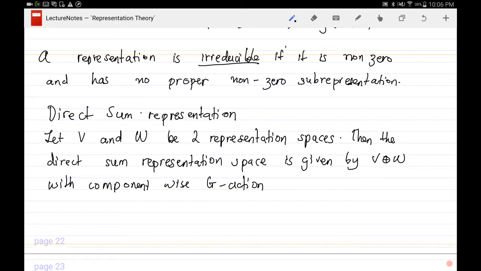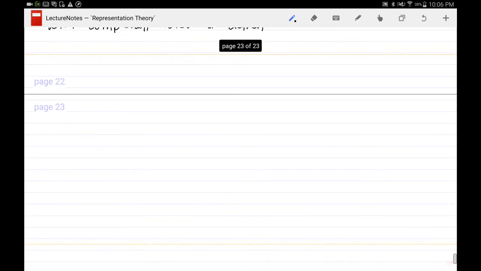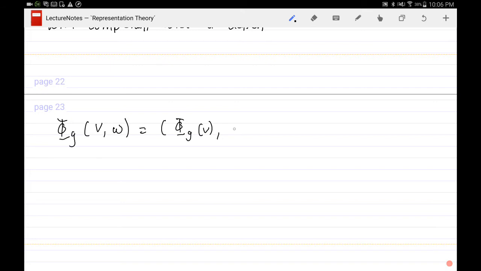So in other words, we have the invertible linear operator phi of G, where G is in the group G, and it's going to act on this ordered tuple, and the result is going to be phi of G acting on V, phi of G acting on W.